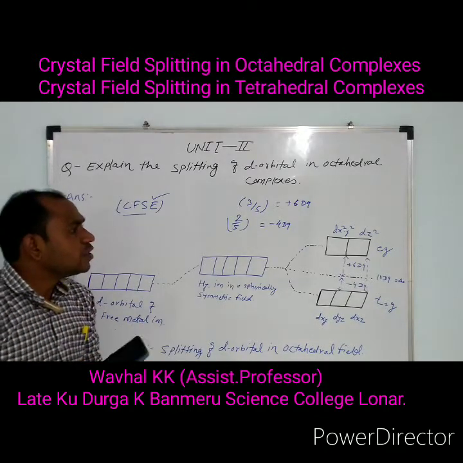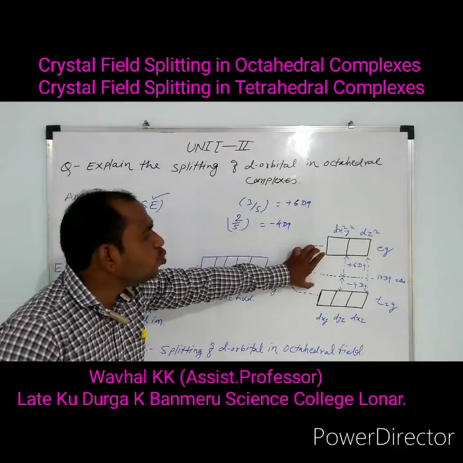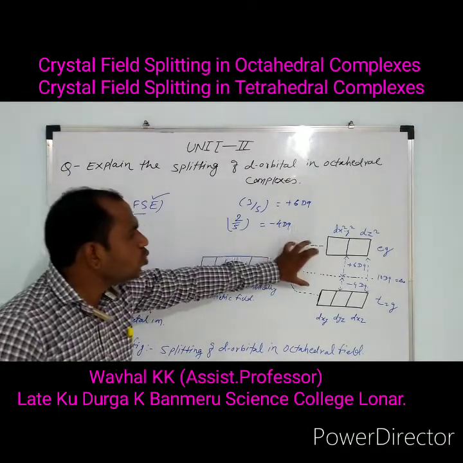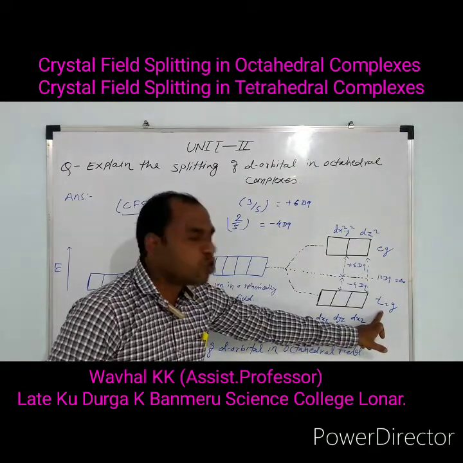Due to this, the d orbital is split up into two sets of orbitals, that is the Eg orbital and the T2g orbital.